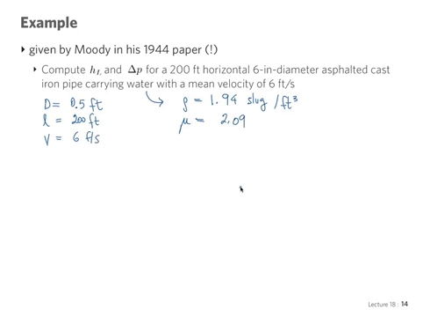The viscosity depends on temperature, so you have to come up with a temperature that you want to choose for the problem. So I chose 68 degrees Fahrenheit, or this is the one used in the paper, I'm not sure, times 10 to the minus 5, and the units are slug divided by feet second. Okay, let's truck on with these numbers. The first thing we want to do is calculate the Reynolds number and the relative roughness.